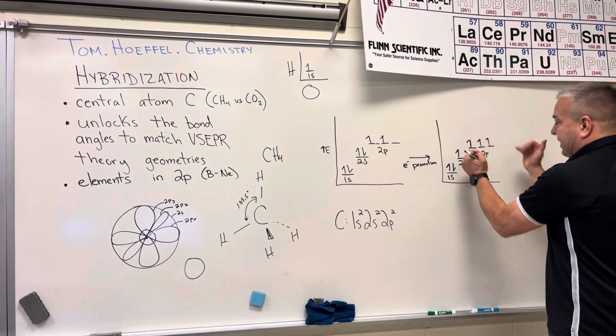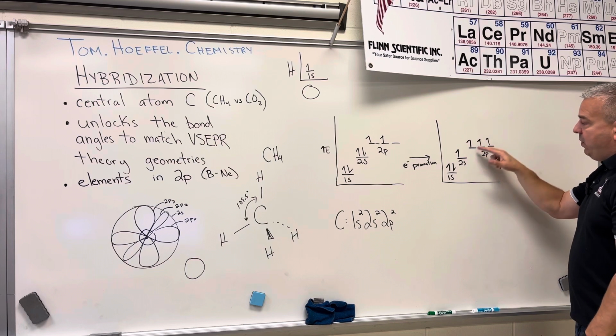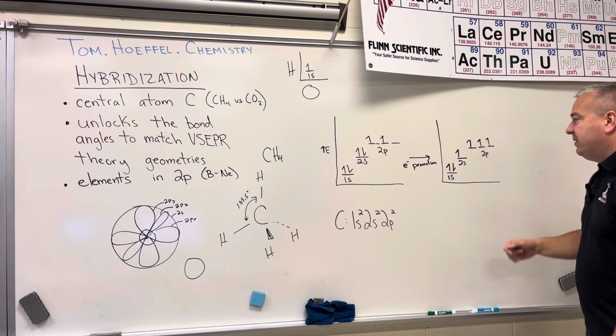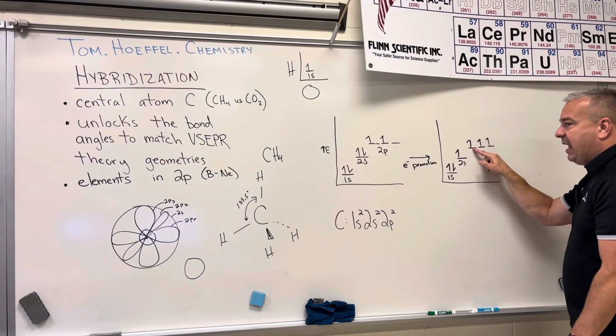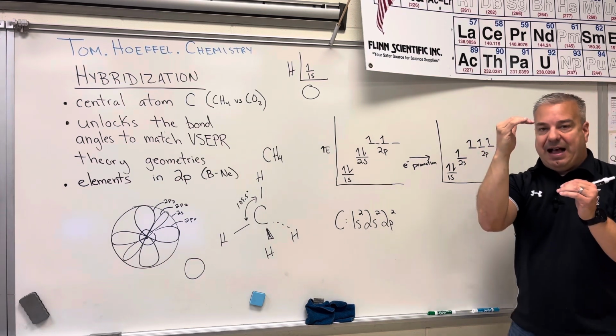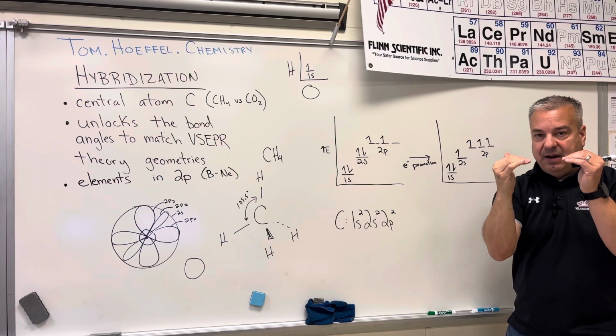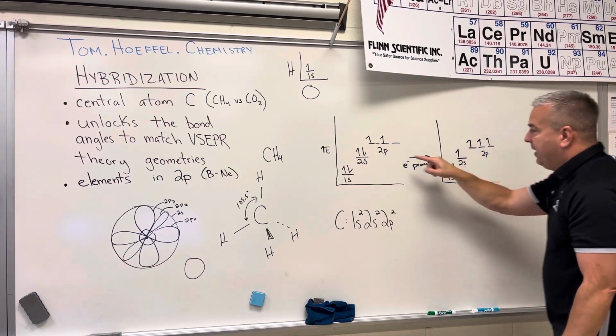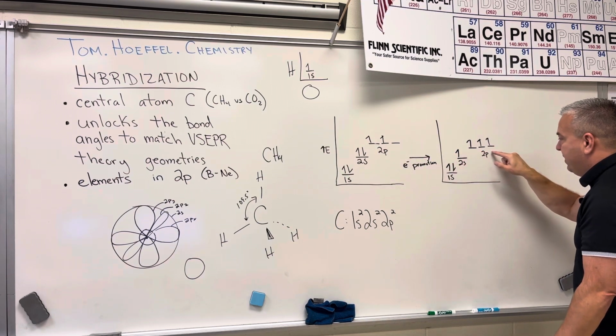In addition, we want to make sure that all these orbitals are the same energy. So the s orbitals and the p orbitals are going to hybridize, and they become equal in energy. So I'm going to pick a line somewhere in the middle.